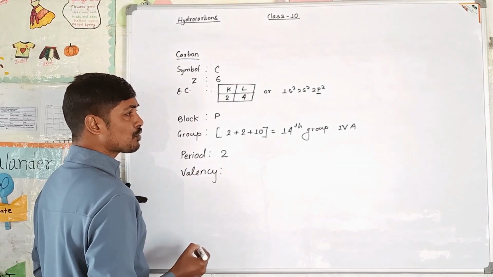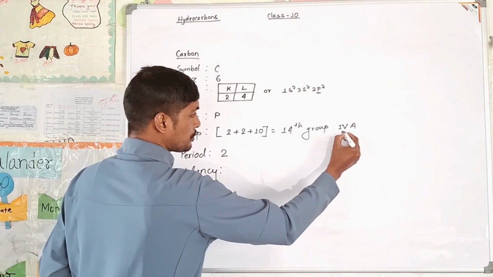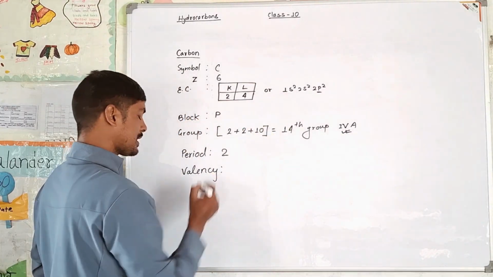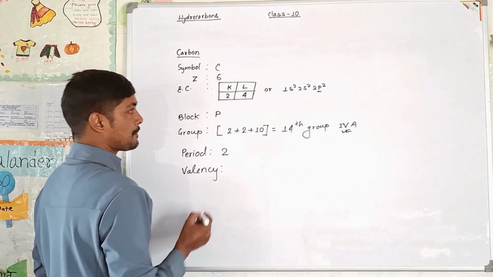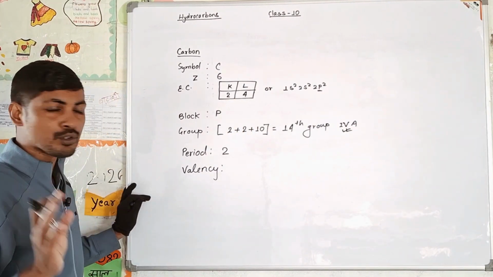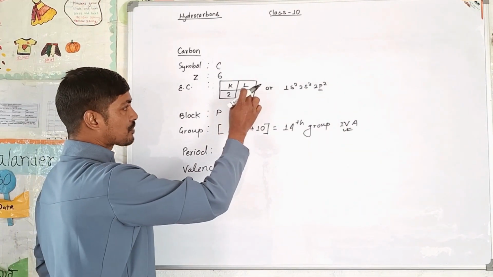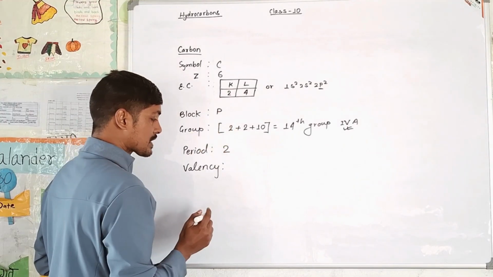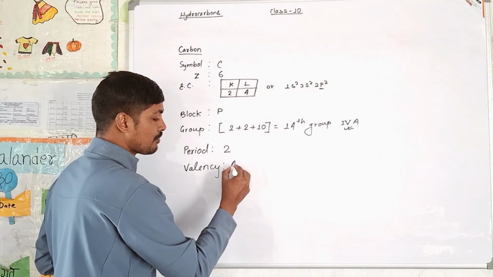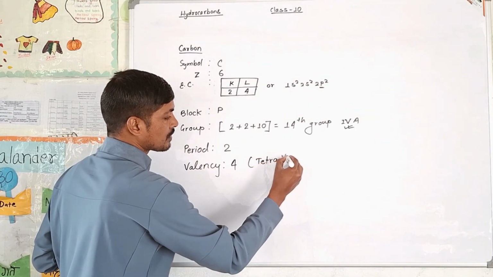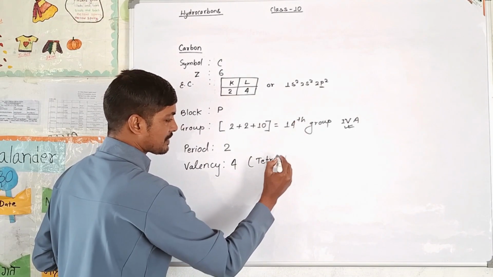Generally, valency is equal to the group of that element. What is the group here? 4A. Or valency means the number of electrons in the outermost shell. 4 electrons are there in the outermost shell, so its valency is 4. That means carbon is a tetravalent element.